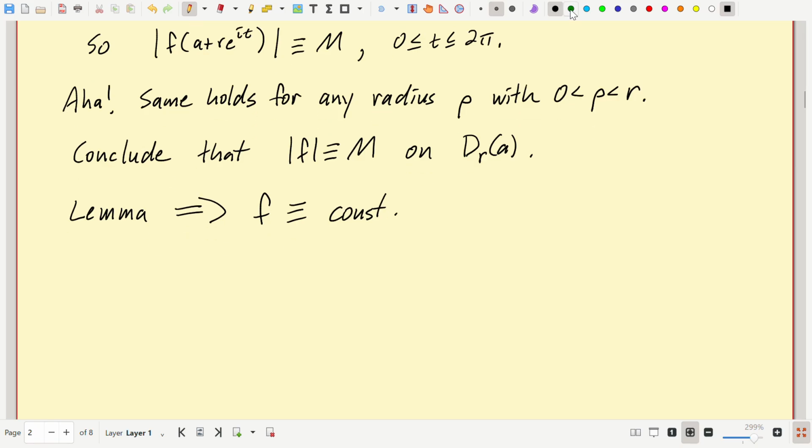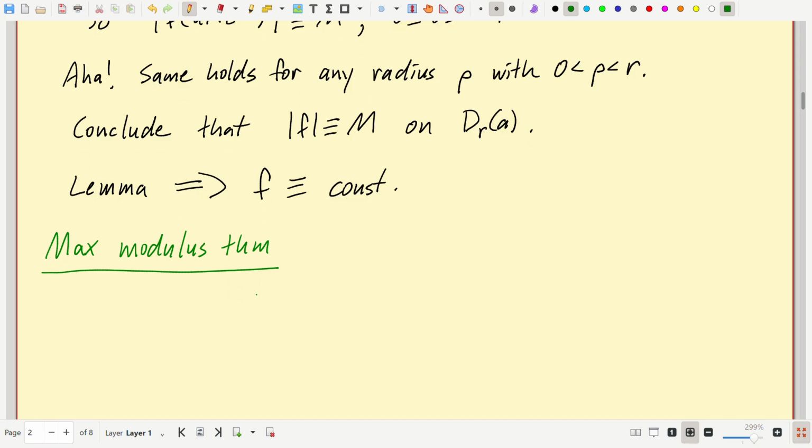Okay, now I'm going to prove the maximum modulus theorem. Remember what it was.